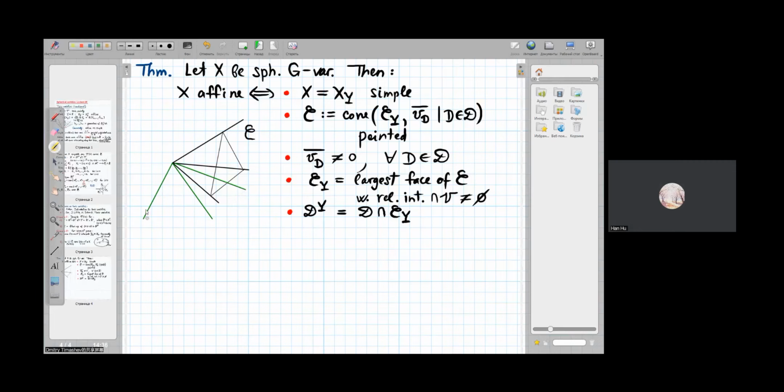Let me brush it as I usually do. So this is the evaluation cone.